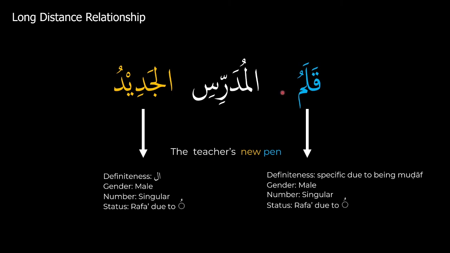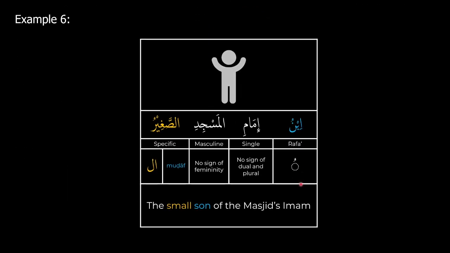So now let's take a look at another example. Okay, so here we have Ibnu Imam al-Masjid al-Saghiru, right? Ibnu is going to be our mawsuf and al-Saghiru is going to be our sifa because these two match in all four properties. We know al-Saghiru is specific because of the al. We know Ibnu is specific because it has a mudaf ilayh relationship. So Ibnu is going to be our mudaf and Imami is going to be our mudaf ilayh. And we know al-Saghiru is masculine because there's no sign of femininity. Same thing with Ibnu.